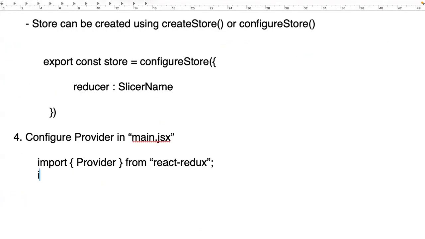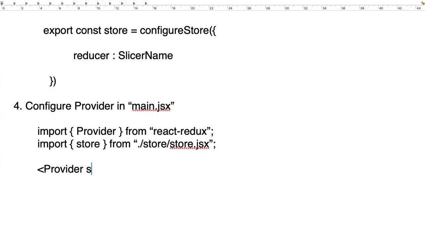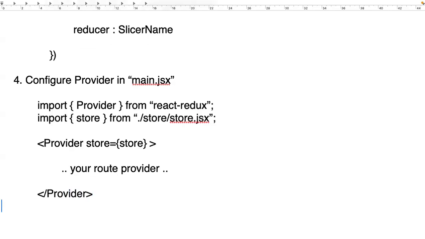You have to import store from store.jsx. And you have to use the provider with whatever store is there, around your route provider. We need to configure the provider.